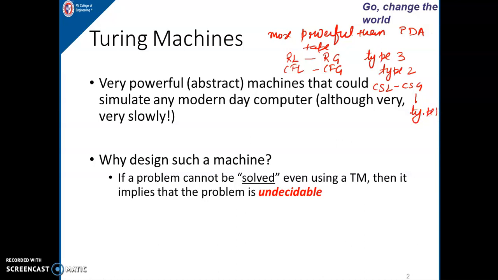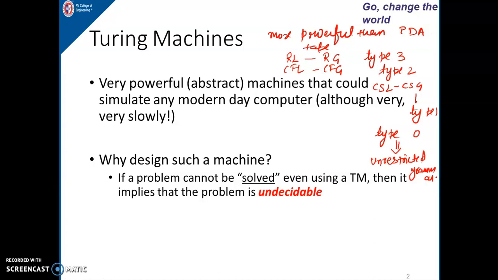So apart from these languages, the Turing machine also accepts the language generated from type 0 grammar. Okay, so type 0 grammar, that is also known as unrestricted grammar. So thus we can say the Turing machine can accept any language.